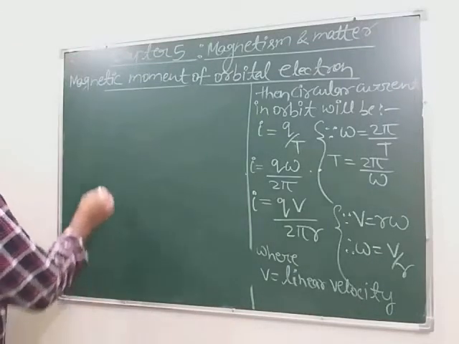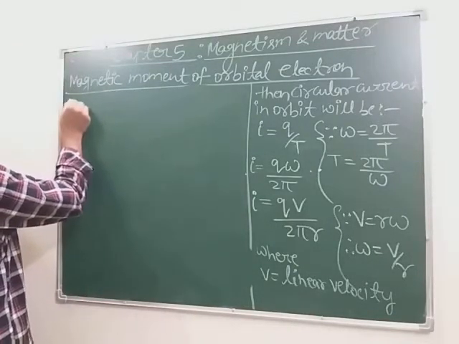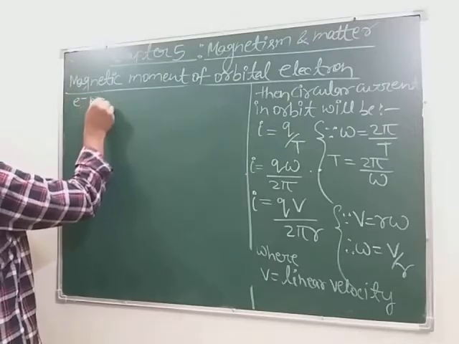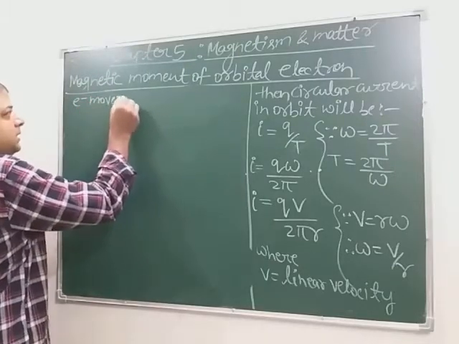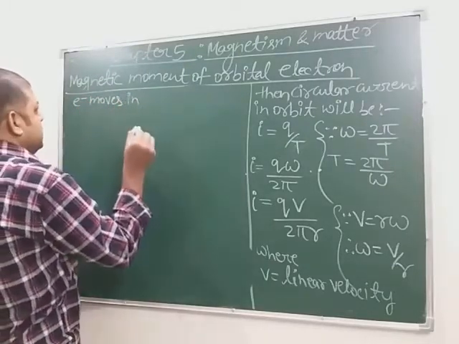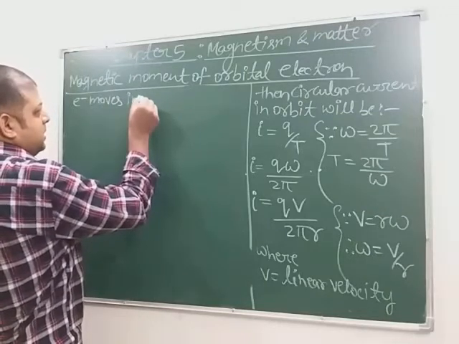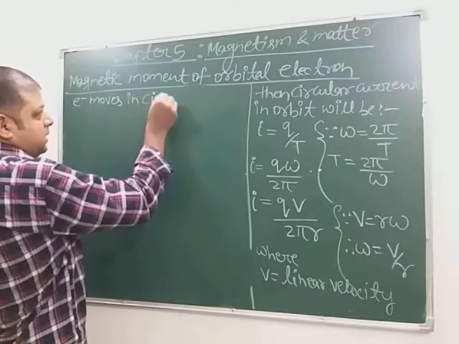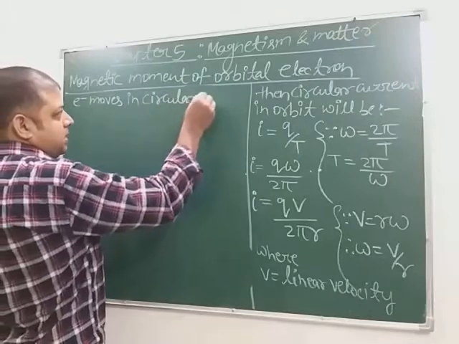Right here, the electron moves in a circular path.